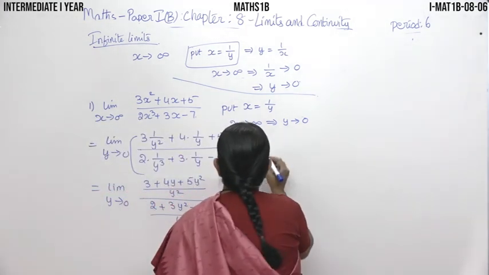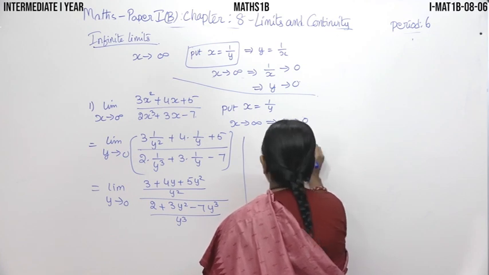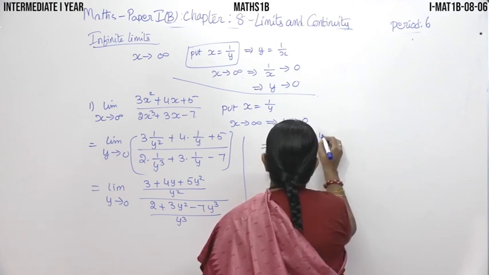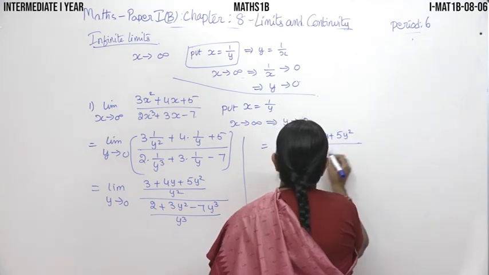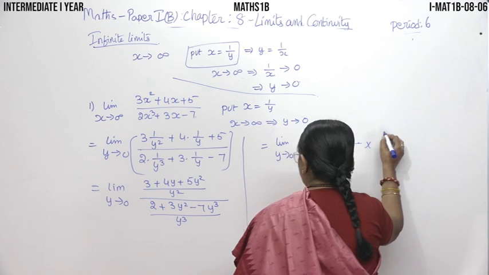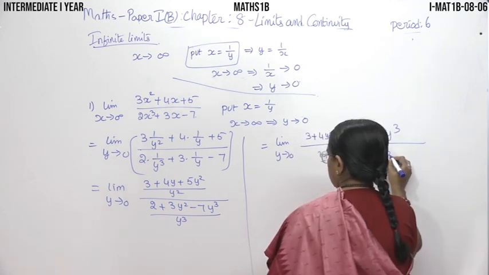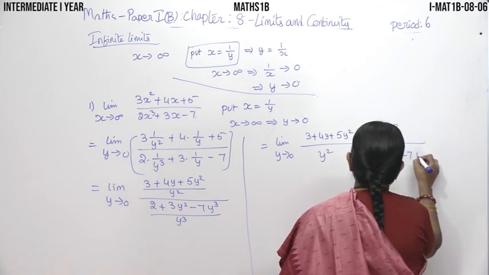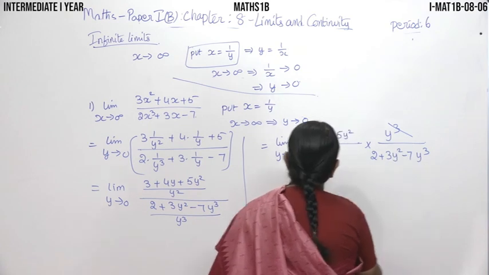So it is limit y tending to 0 of (3 plus 4y plus 5y square) by y square into y cube by (2 plus 3y square minus 7y cube). Now this y square and another y cube, y will be left over.